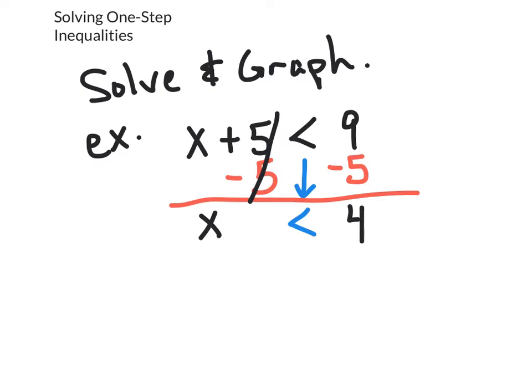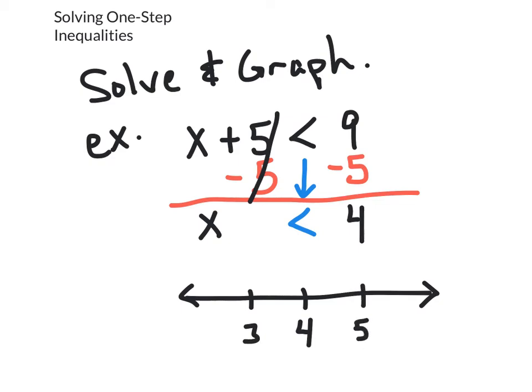Now my last step, because I was asked to solve and graph, is I must actually produce a graph here. What I have my students do is create a number line here, and really the only number that I care about is the number in the middle, the number 4. But because we're on a number line, I would like to have you do 1 to the left, that gives me a 3 here, and 1 to the right, there's the number 5.